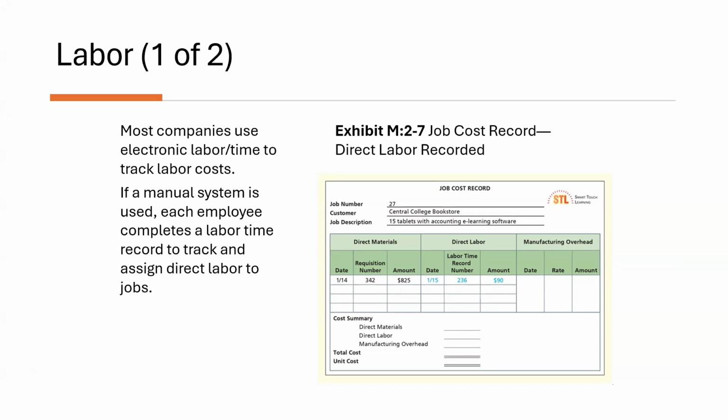Employees use ID cards. They swipe the card and enter their job information, and the time that they accumulate is automatically added to the appropriate job cost records. So if a company is using a manual system, each employee completes a labor time record that indicates the amount of time spent on each job.